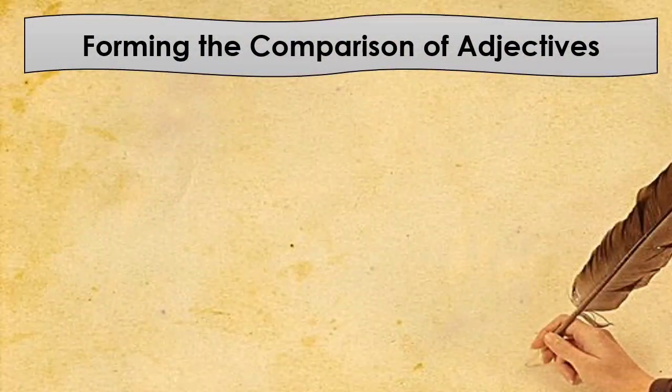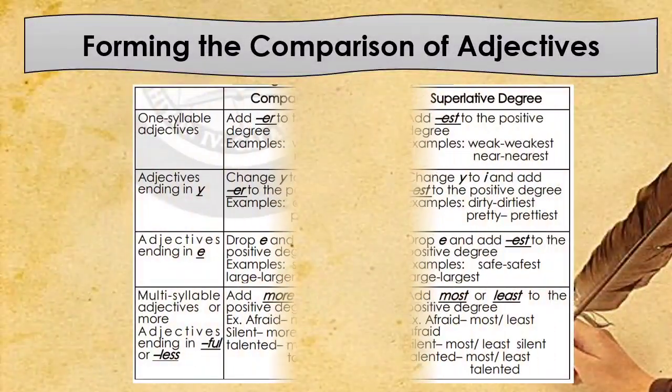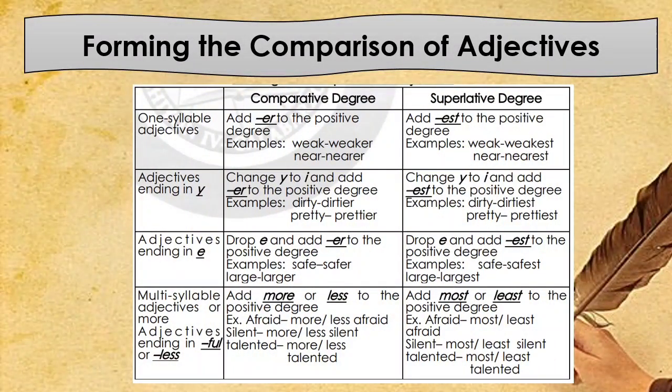Now let us know how to form a comparison of adjectives. First, one-syllable adjectives. In a comparative degree, add the suffix er to the positive degree. Examples are weak, it will become weaker.